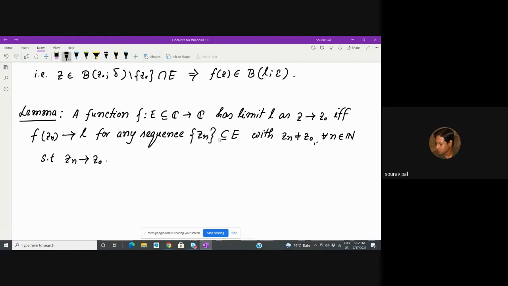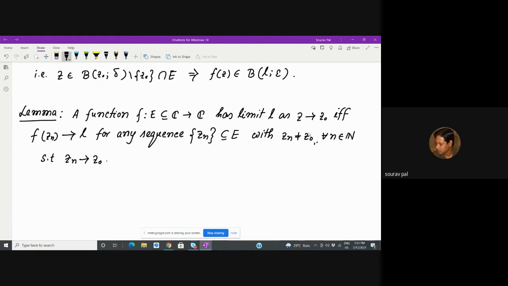So for any sequence that converges to z naught, we are just ignoring the point z naught as per the definition. This is what is called the sequential criterion for a limit.